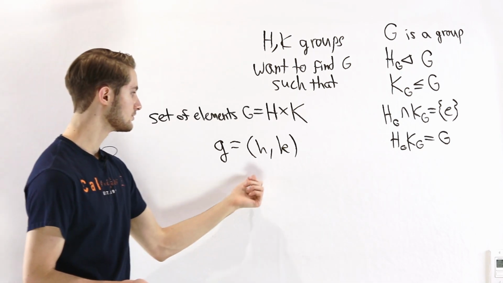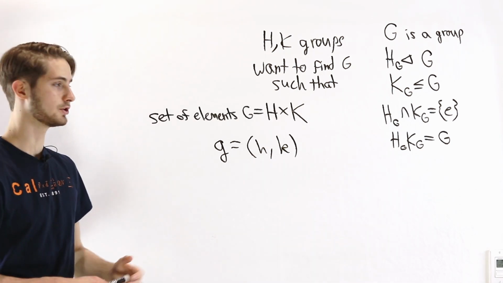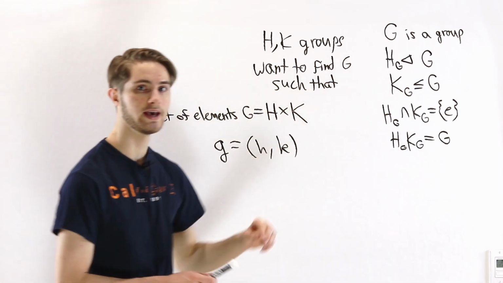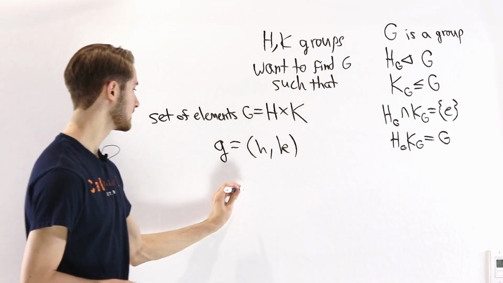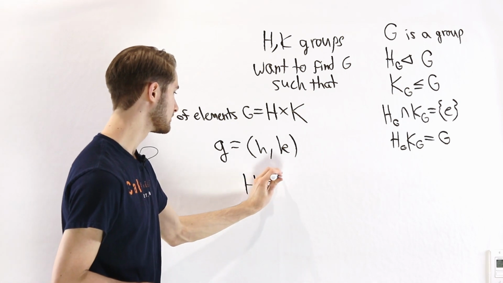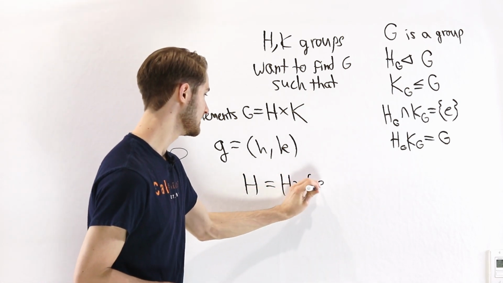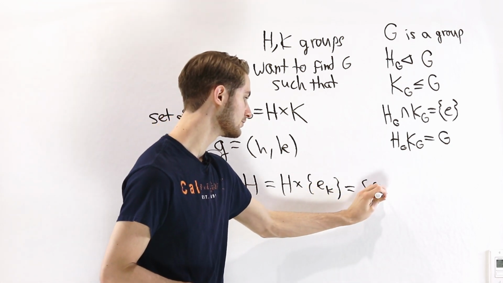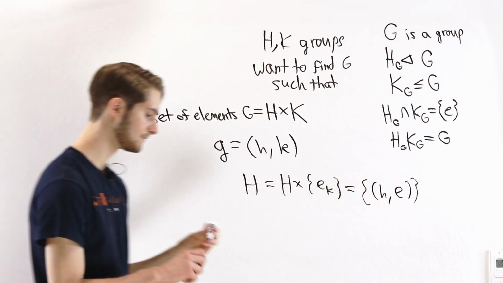And if we use these ordered pairs as the elements of our larger group, it also makes it easy for us to find H and K as subgroups of G, because we can say that H is the subgroup H cross the identity element in K, or in other words, it's the set of elements of the form (H, E).